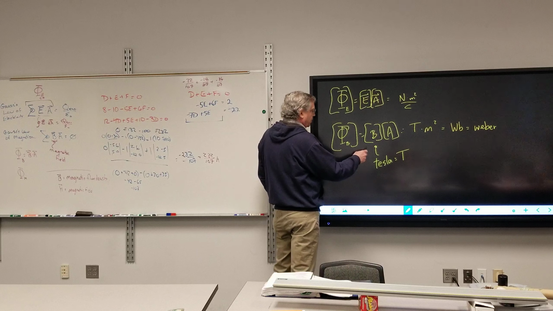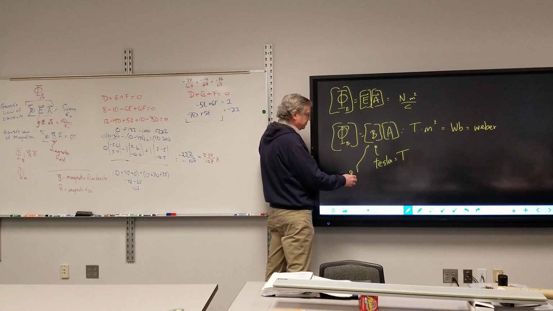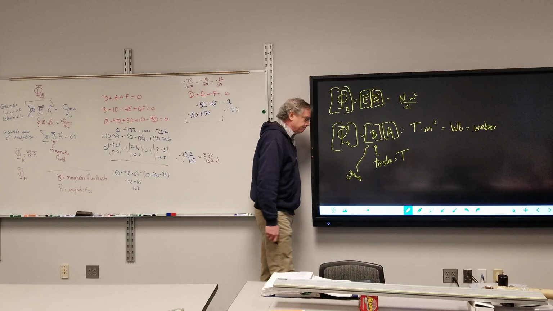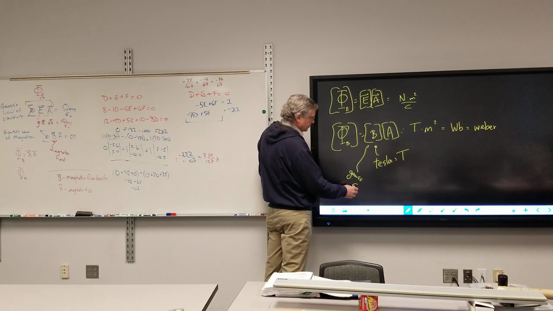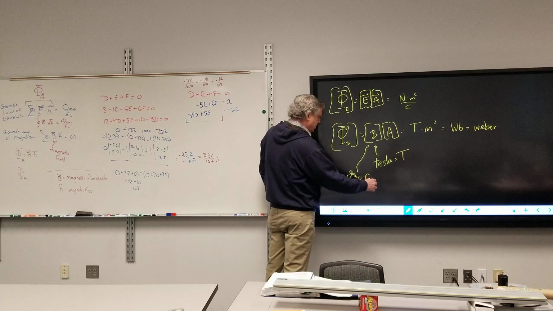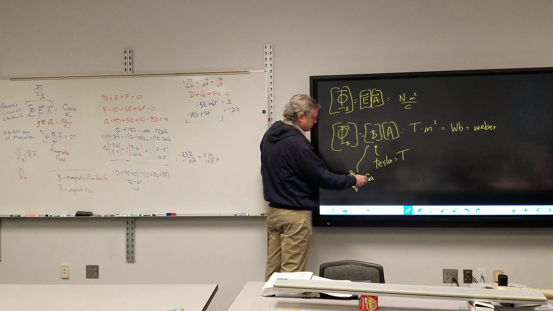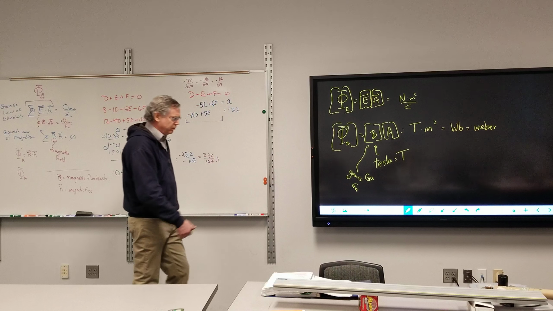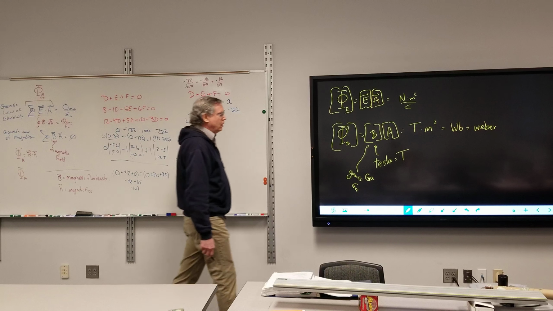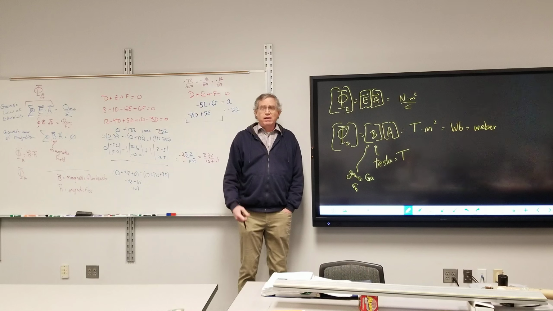The other unit that you might see, it's not officially the international standard, is the Gauss, which has the abbreviation of G. To give you some sense of the size of these things, the Earth's magnetic field typically is about a half Gauss.